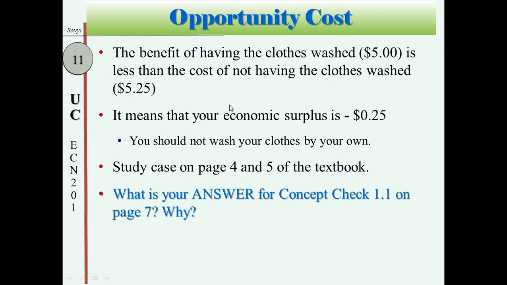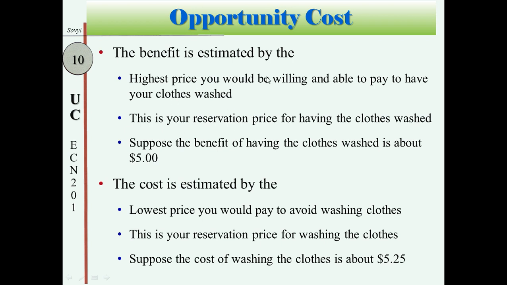What does it mean? It means that when you wash your clothes on your own, you can save $5 because you don't take your clothes to the laundry. That's why when you wash your clothes on your own, you save $5. But if you take the clothes to the laundry, then it's not for your own. Okay, this is 5 points.